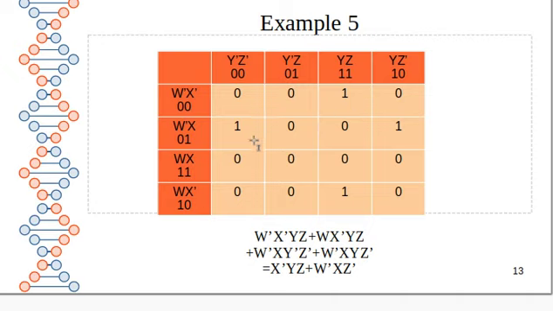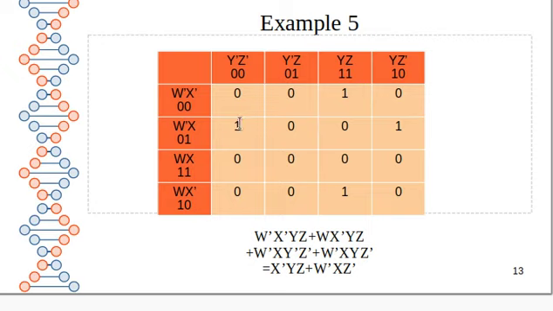So from this pair, w bar, x bar, yz and w, x bar, yz, here w is changed, so we will put x bar, yz.